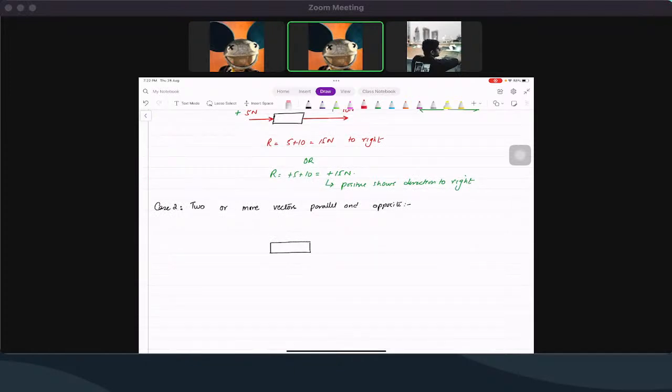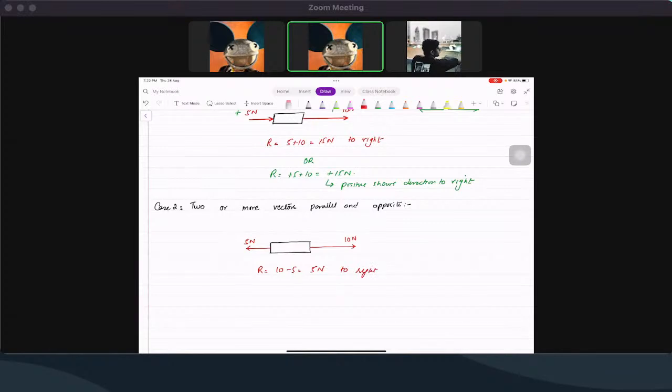Suppose there is a 10 newton on this side and 5 newton on this side. So then either you can do it like resultant equals 10 minus 5, and the bigger one is 10, so the resultant has to be on that side, so it could be to the right.